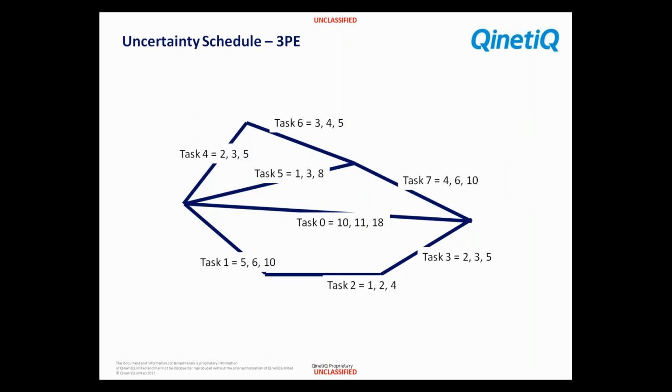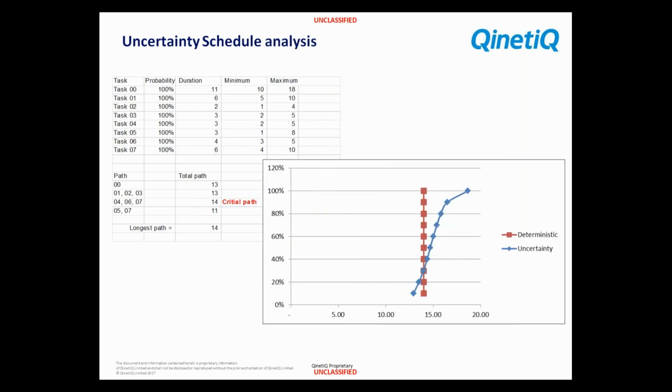Okay, so in exactly the same way as we did with cost, what we're able to do here is we can do an uncertainty, a 3-point estimate with the duration as well. So we can put in here the minimum and the maximum to join the most likely that we've already determined. So in the spreadsheet, we can put the minimum and the maximum in, and we can use the triangular distribution again to identify the uncertainty.